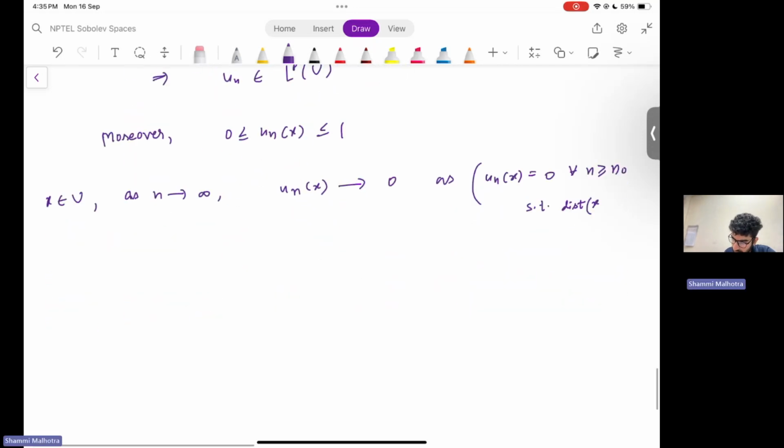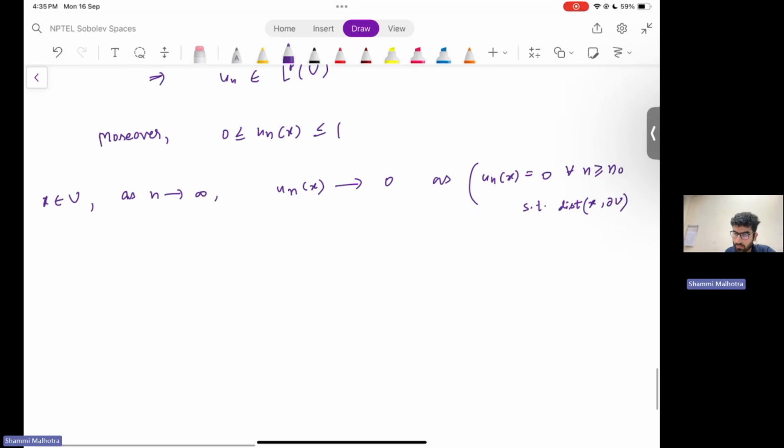the distance of x with the boundary will be some quantity.